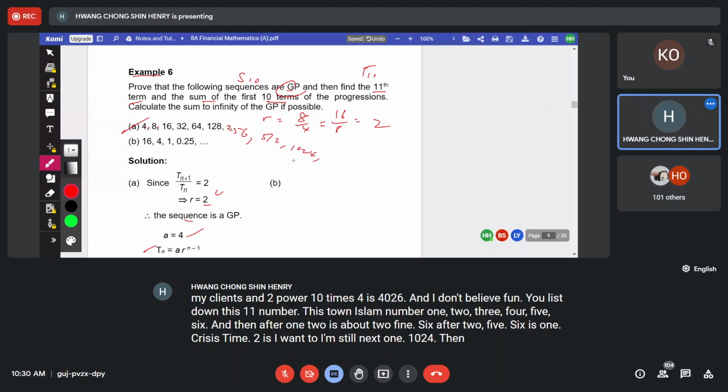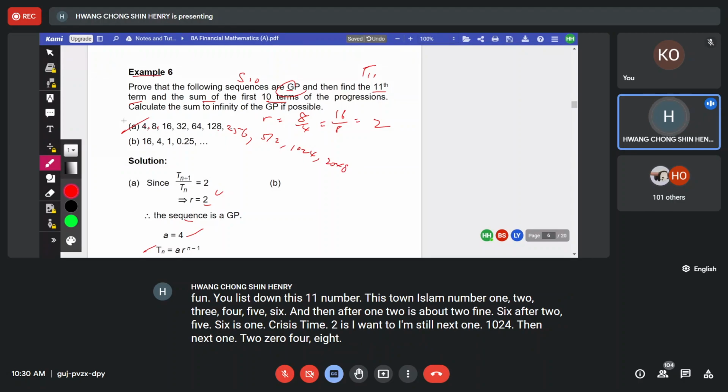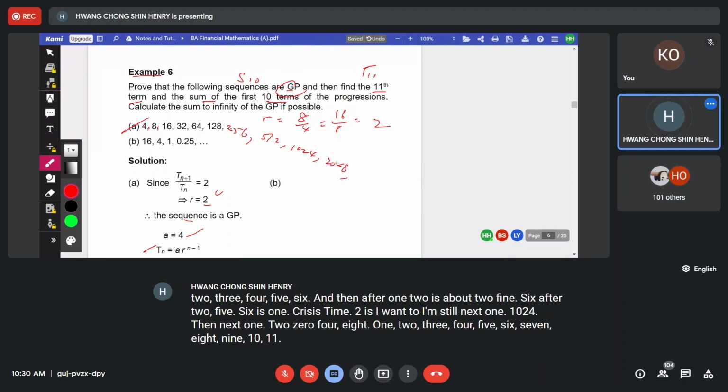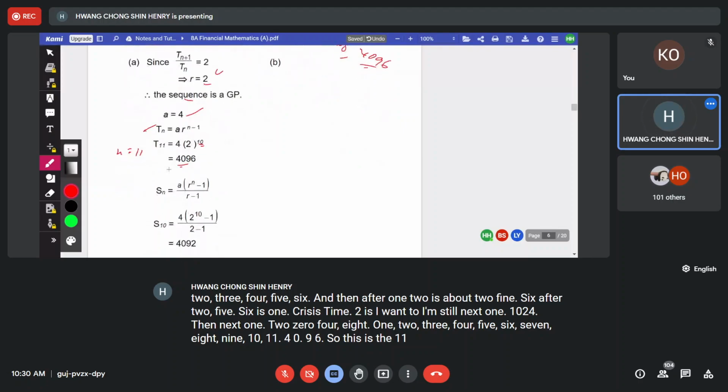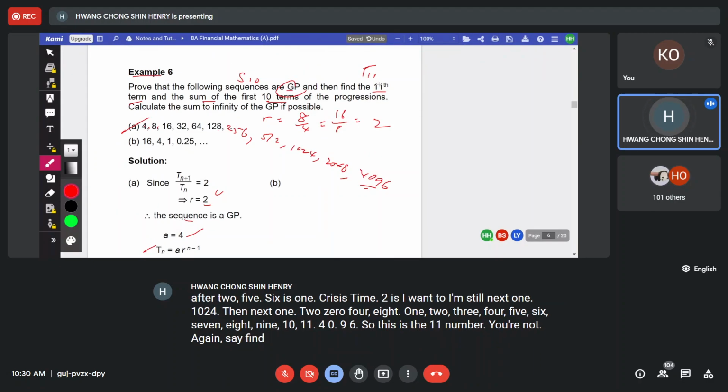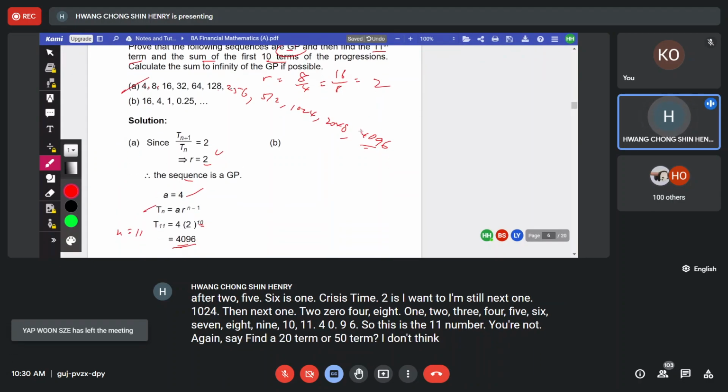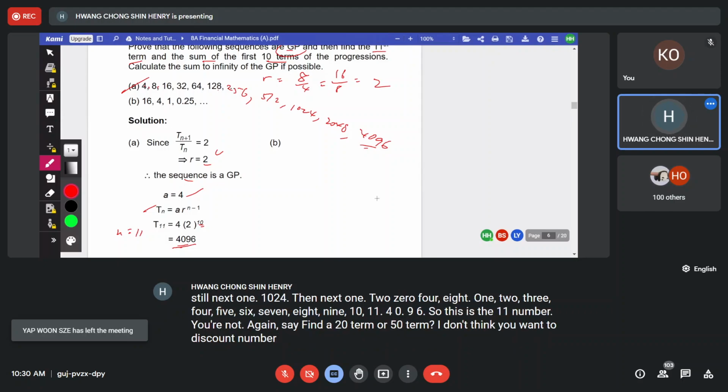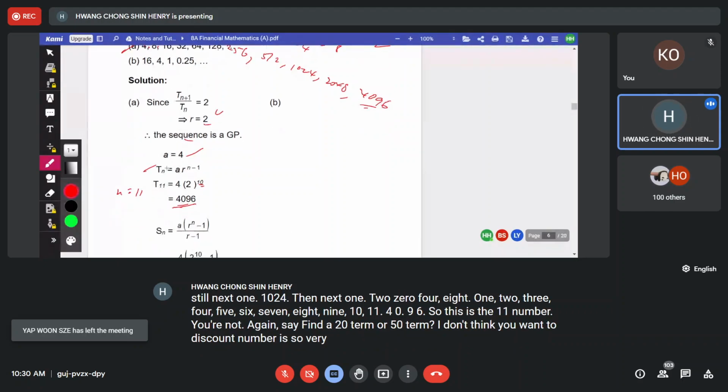Then next one, 2048. 1, 2, 3, 4, 5, 6, 7, 8, 9, 10, 11. 4096. So this is the 11th number. See or not? Again, if the question says find the 20th term or 50th term, I don't think you want to list down, right? Because the number is so big already. Straight away you use the Tn formula.